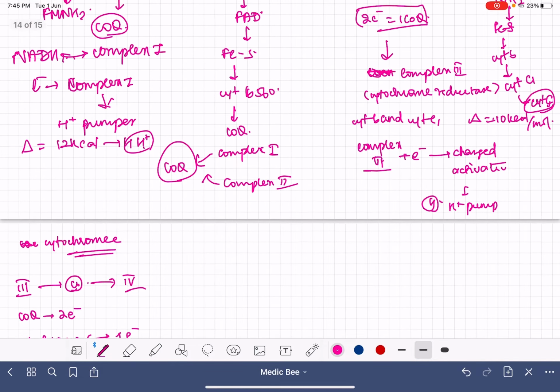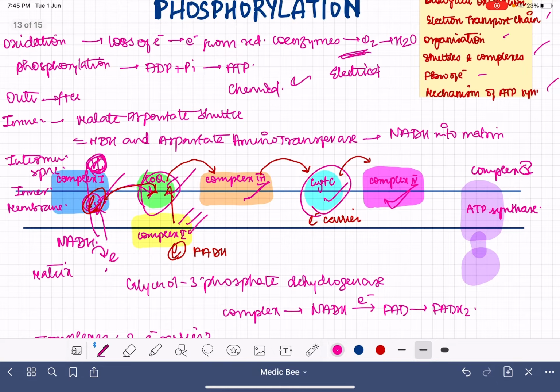We see that out of the 4 complexes, only complex 1, complex 3 and complex 4 have the ability to pump H plus ions across. Complex 2 doesn't have the energy to pump H plus across.